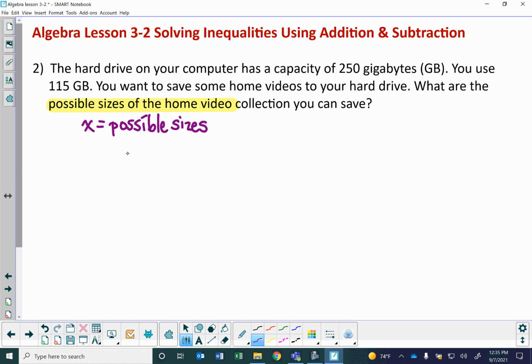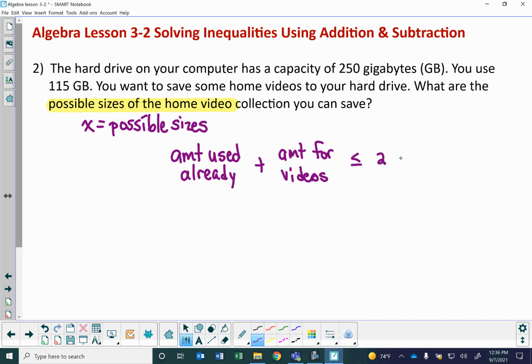Okay, so the amount I've used, the amount already used, plus the amount I want for my videos, has got to be less than or equal to 250 gigabytes, because that's all my computer holds.